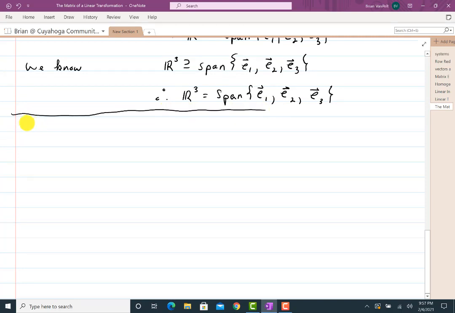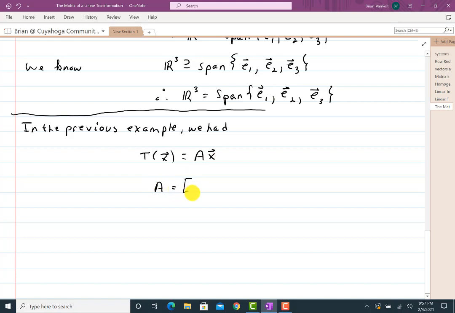Now, in the previous example, we had T of x equal to a matrix times the vector x. That was the whole point of what I was doing in there. And in fact, that A was equal to the following: T of E1, T of E2, T of E3.